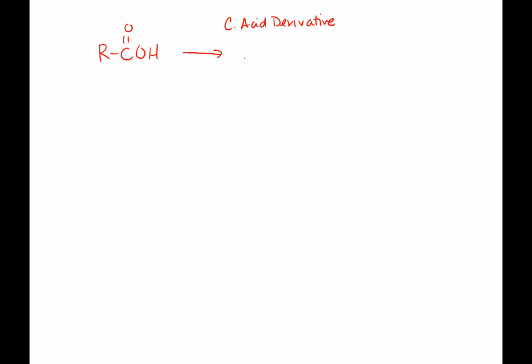Okay. So I can convert a carboxylic acid into a carboxylic acid chloride, into a carboxylic acid anhydride. So this is the acid chloride. This is the acid anhydride.